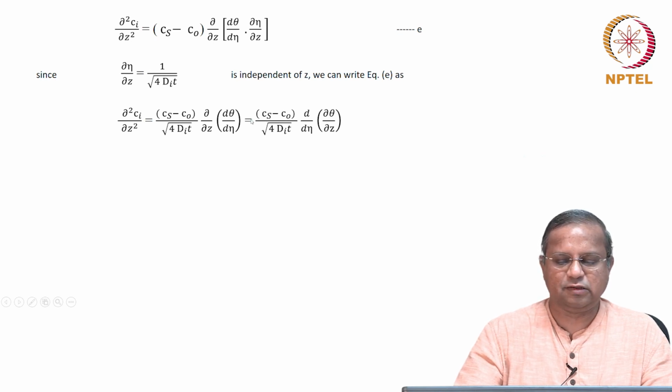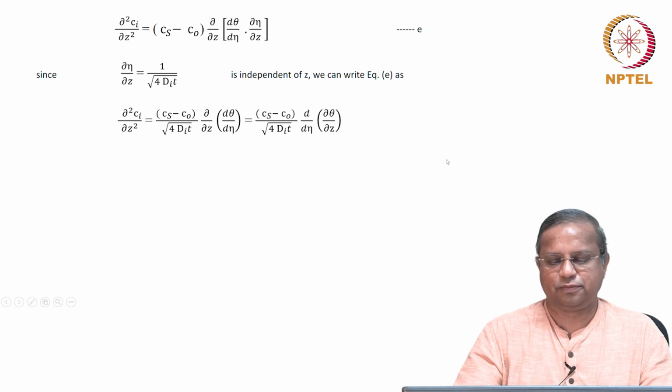So, that can be written as Cs minus C naught square root of 4 Dit, d by d eta of dou theta by dou z. The order of differentiation does not matter here, so we have switched it around.